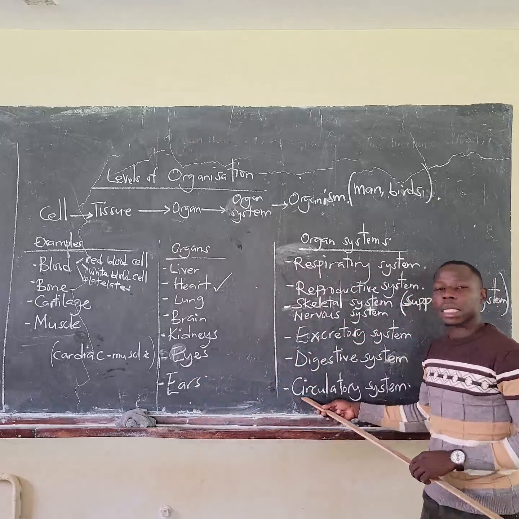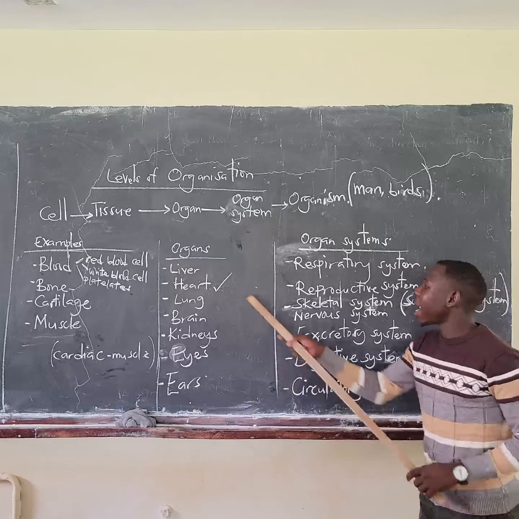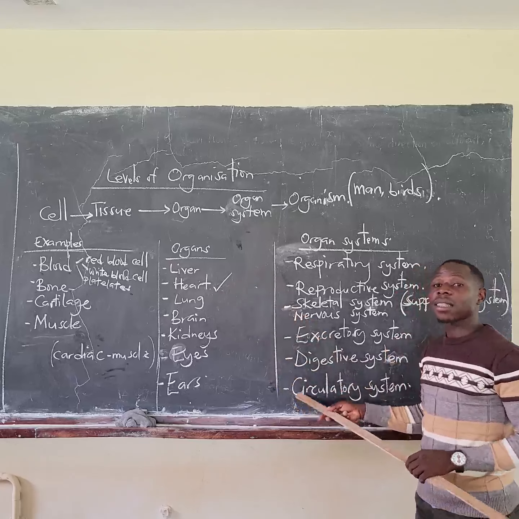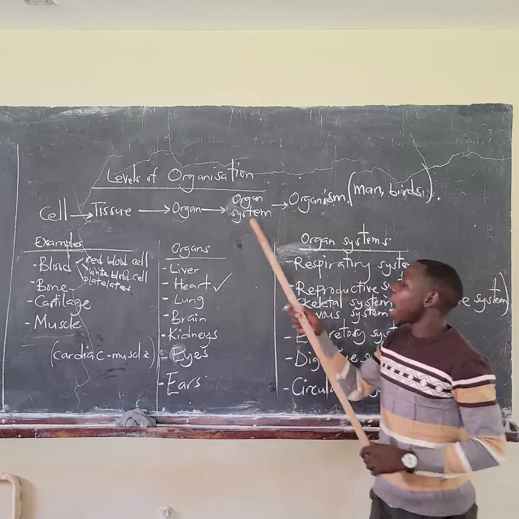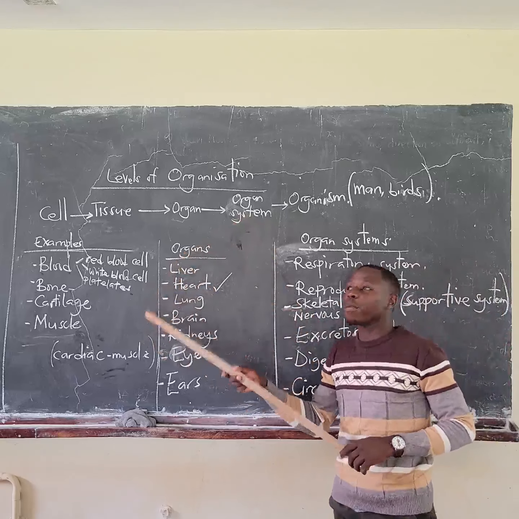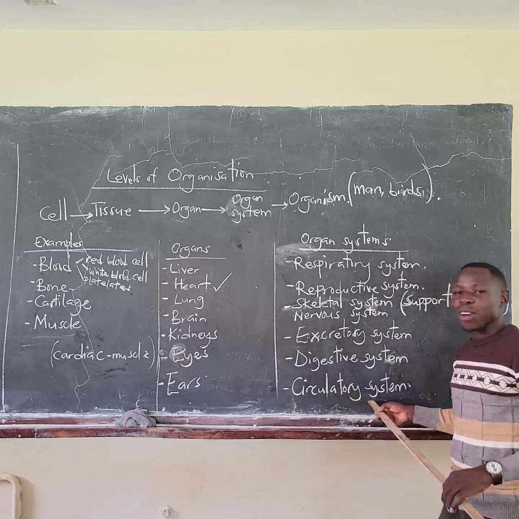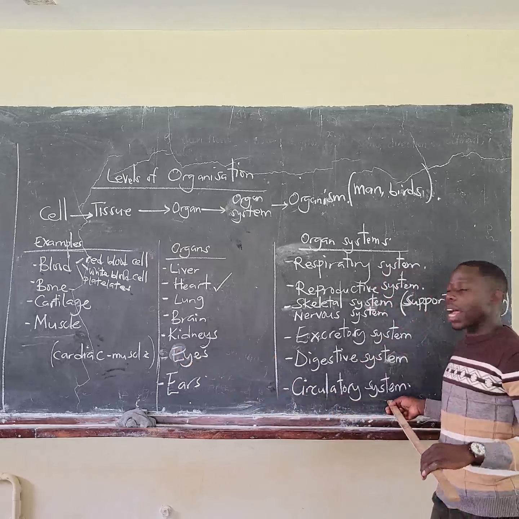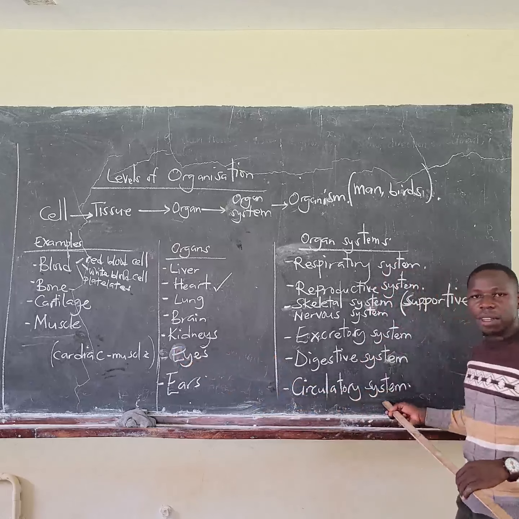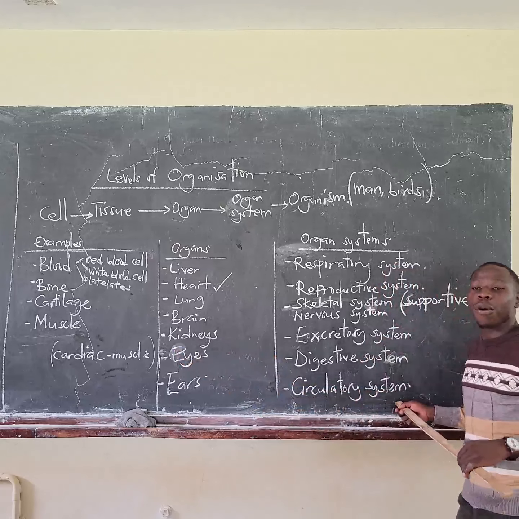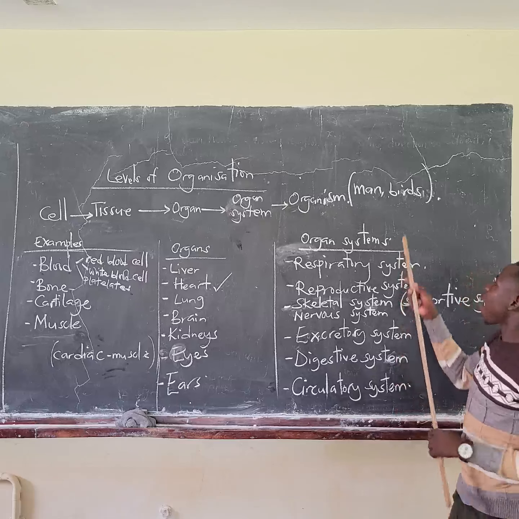It does not form the circulatory system alone, but the heart with other organs that are formed from other tissues, which are formed from other cells, they combine and they form what you are calling the circulatory system. And now, a circulatory system is one of the systems that form the body of an organism.